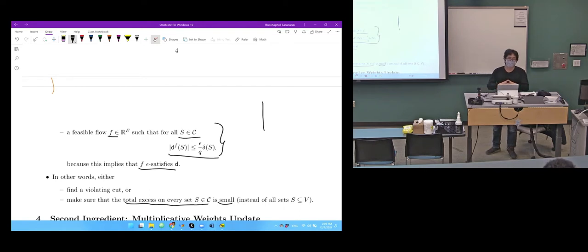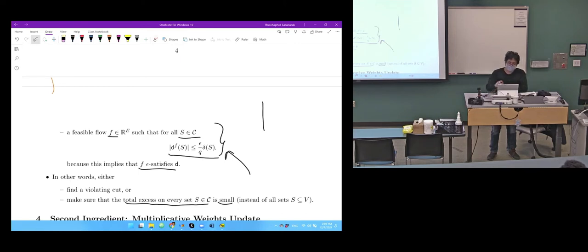What we know is that if you scale everything by epsilon, then there's a feasible flow, but now we're asking that on these families we need even better. So what we will do is make sure that this thing happens, or otherwise we will find a cut. If it doesn't exist, we will find a cut.